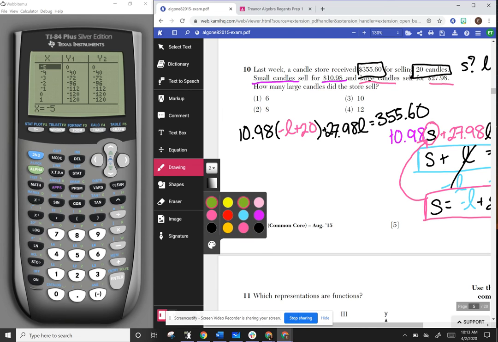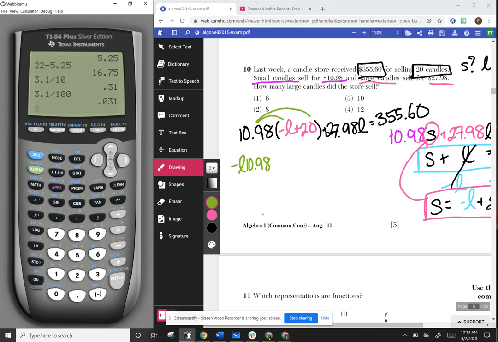So we distribute the 1098. So we get negative L times 1098. And we get 1098 times 20. So in this case, 10.98 times 20 equals 219.60.